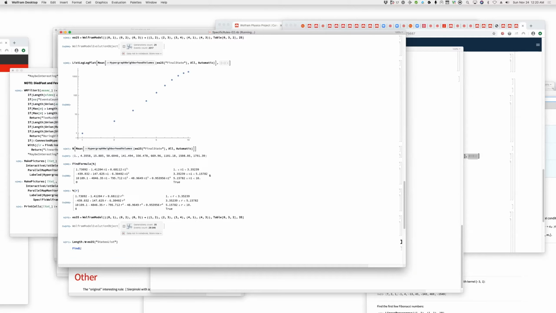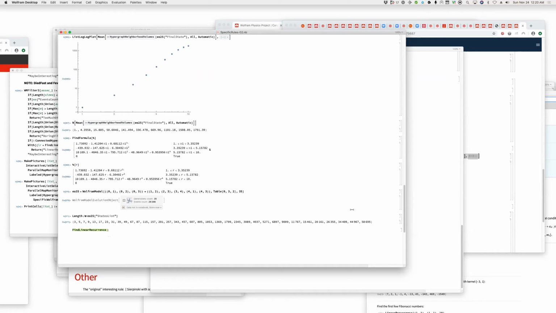Well, how large is it? Well, its events count is... Can you do expressions count total in it? Yes, but oh, there we go. 58,000 things. No linear recurrence.